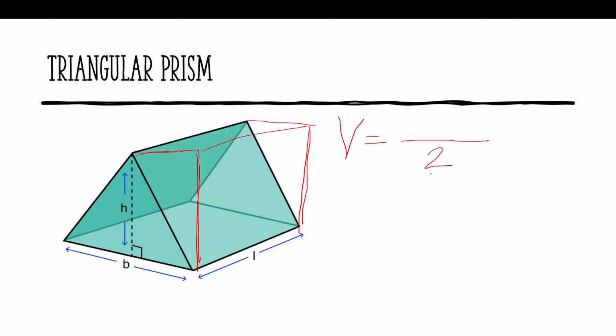So, magkakaroon tayo ngayon ng divided by 2. Pero yun lang din yung magiging formula. So, ito yung kanyang base. Ito, yung base ng triangle ay base lang din ng rectangular prism. And then, yung length, yun lang din.